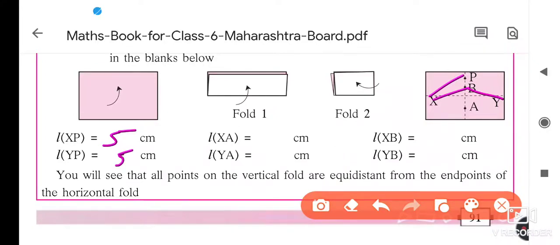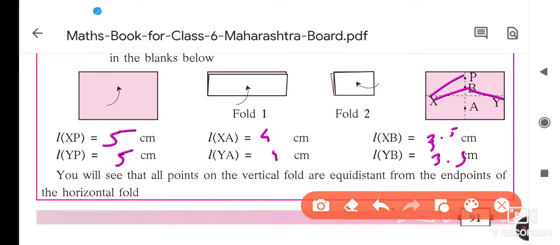If XB is 4 centimeters, then this is also 4 centimeters. And XA, this distance is also the same. Here this is 4, this is 4, 3.5, then 3.5.